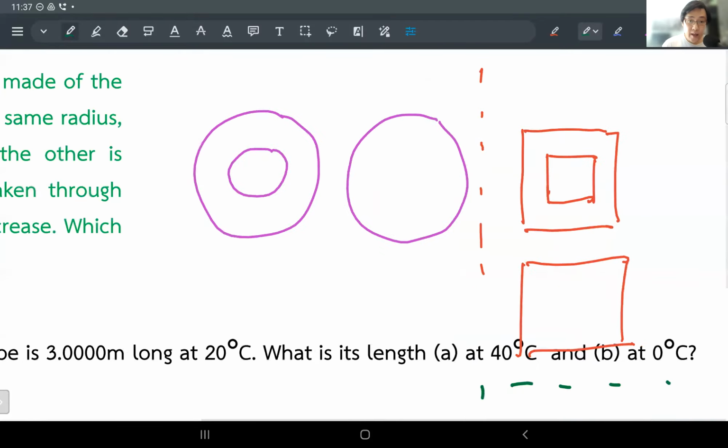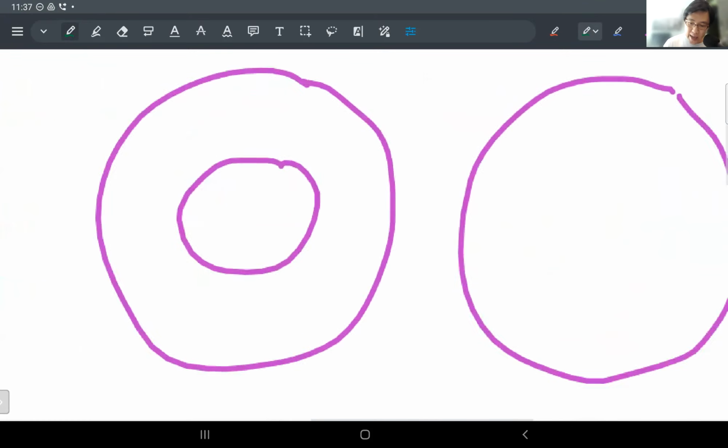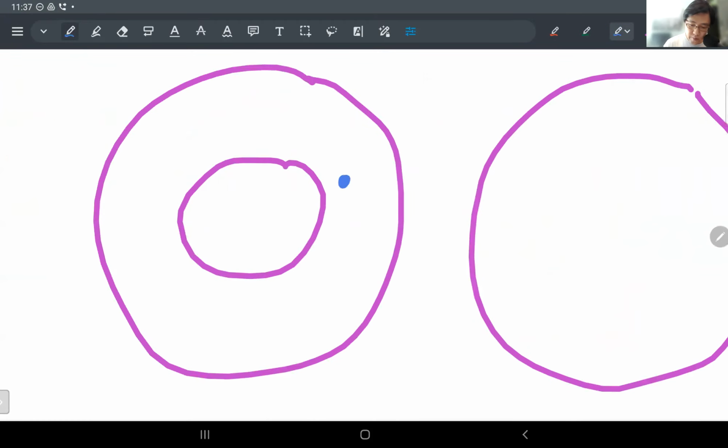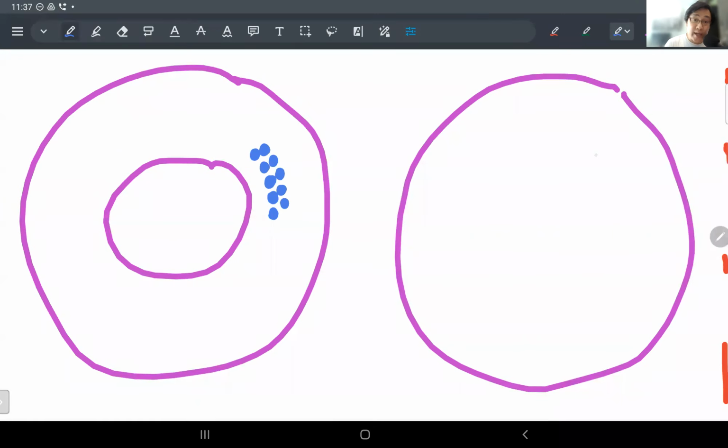Okay, that's one thing. So come down here. Now, once again, because we understand thermal expansion from the microscopic level, if I am a group of particles, maybe atoms or whatever, inside this metal, I don't think I will be able to tell whether there is a hole here or not.